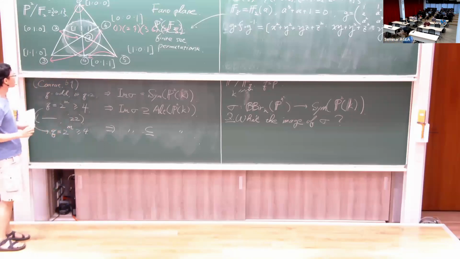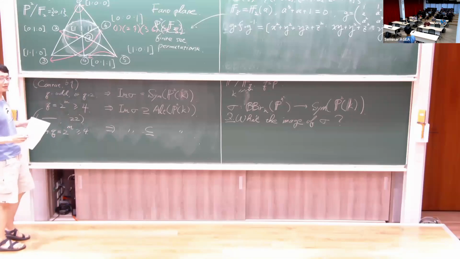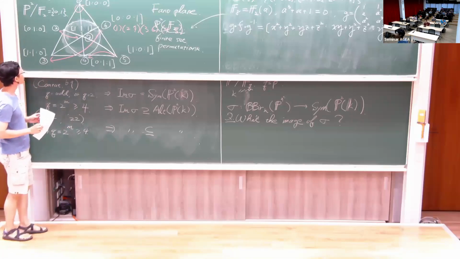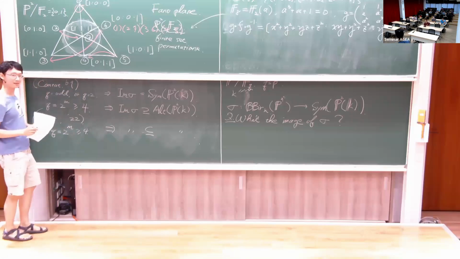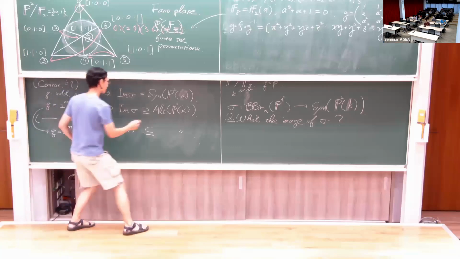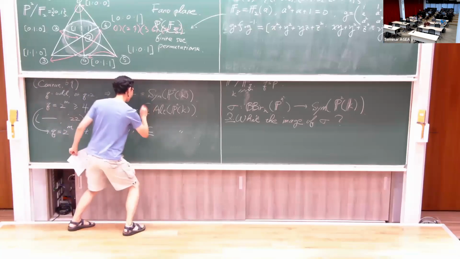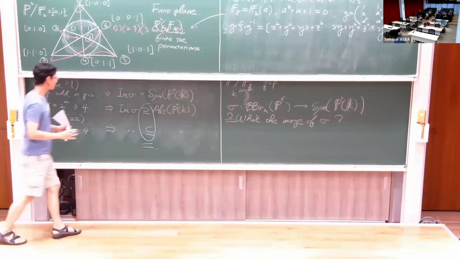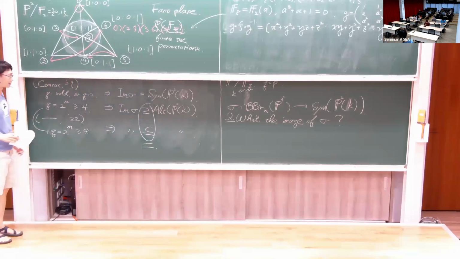For example, this is an odd permutation, and you cannot realize it. So in particular, together this tells you that this is an equality. Okay, so this is the result.